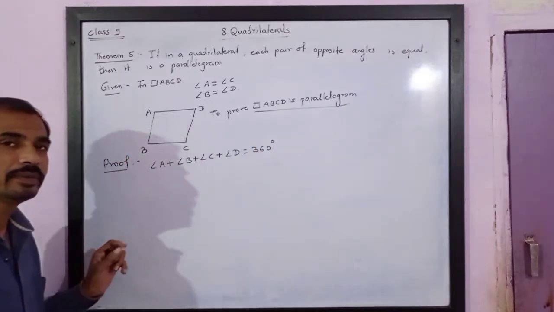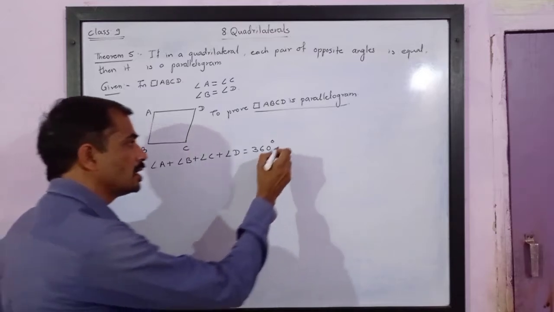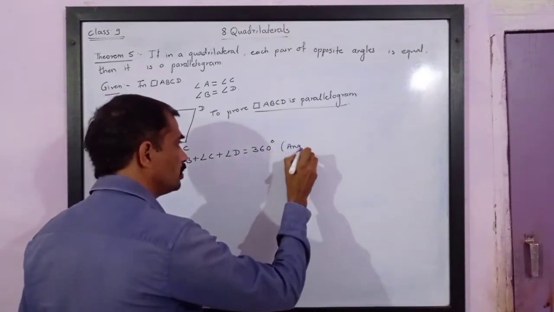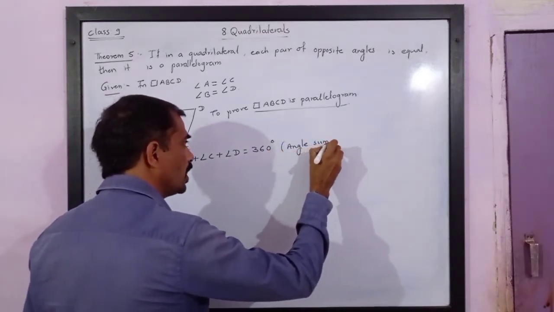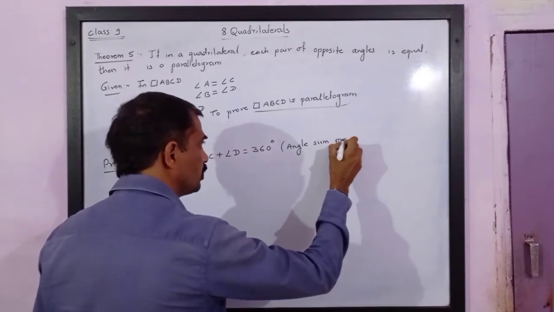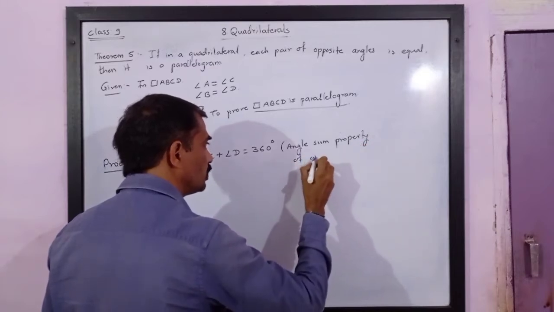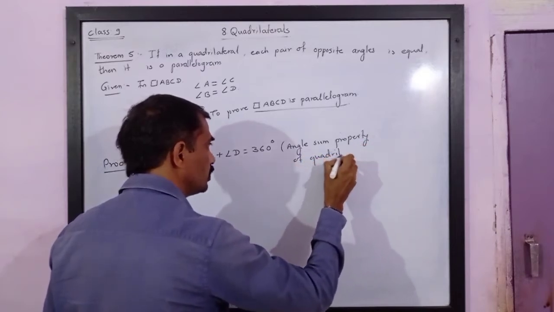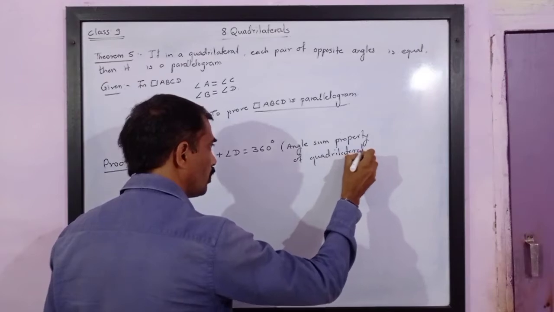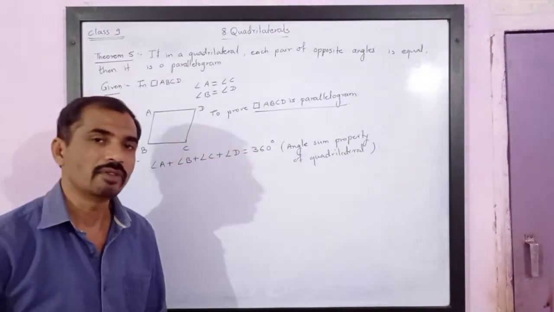The reason is the angle sum property of quadrilateral: the sum of interior angles of a quadrilateral is always 360.